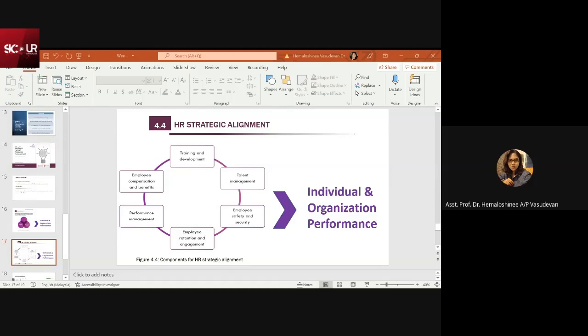Performance management: from the employee itself, they will see how you perform before and after the training. So they will do the performance appraisals to reward you. And employee compensation and benefits: they will see how to reward you based on your performance appraisal.